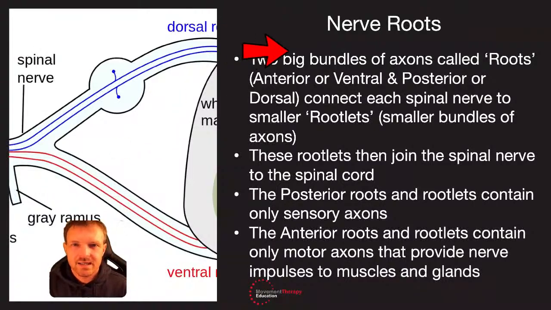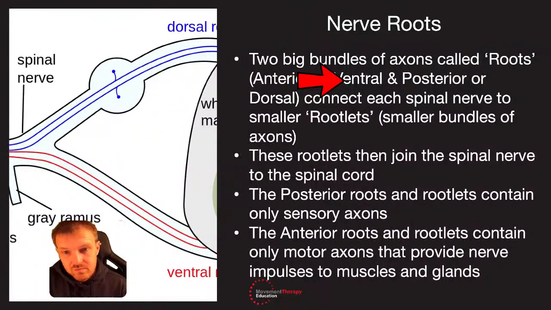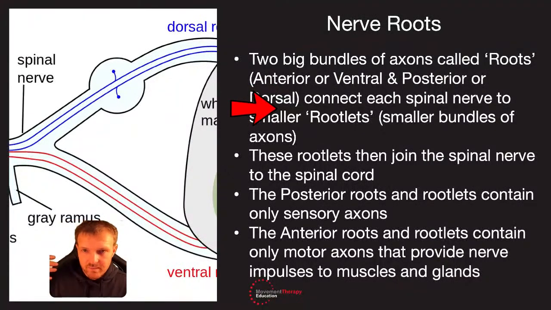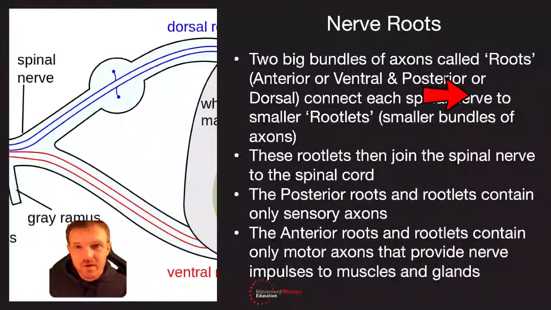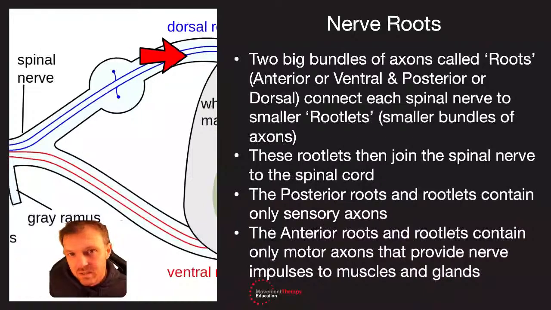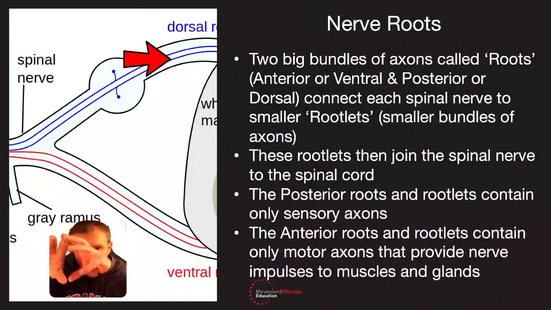So anterior or ventral, which we saw earlier, and posterior or dorsal, the one at the back, like the dorsal fin. They connect each spinal nerve to smaller rootlets, which are smaller bundles of axons. That's the bit that connects to the spinal cord. So you've got rootlets coming off the cord, and then they all come together to form a root.